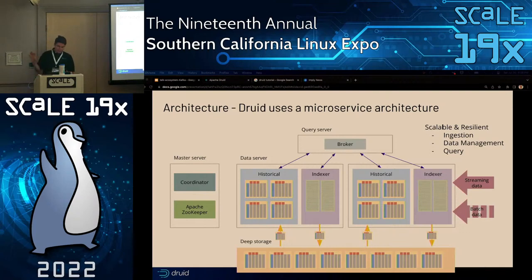So part of what we'll cover later on the reliability of Druid is that all of the data that you ingest into the local nodes are backed up into the cloud on an S3 bucket, on a Hadoop data lake, on a GCS, on an Azure Blob Store. Pretty much anything you can think of, Druid will back up that data to there. And then finally, there are some master servers, which are actually a combination of coordinator nodes, which handle which segment to serve for which machine, and it's also Apache Zookeeper.